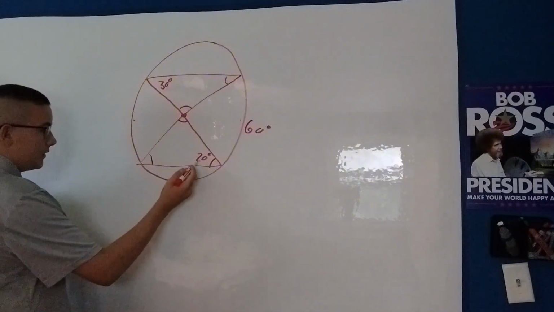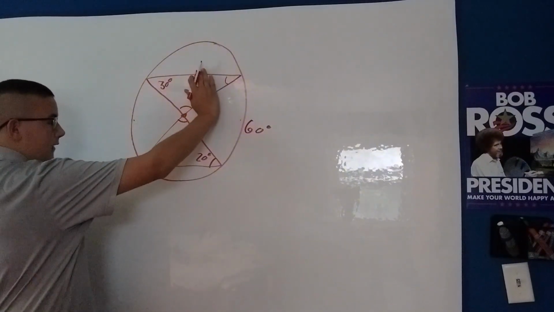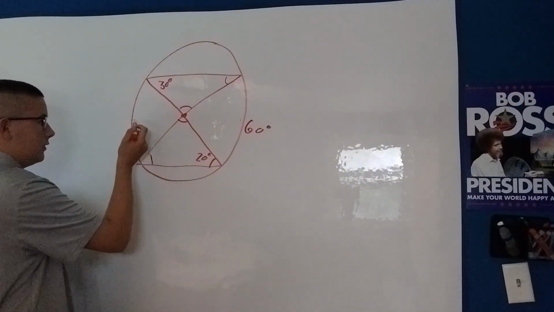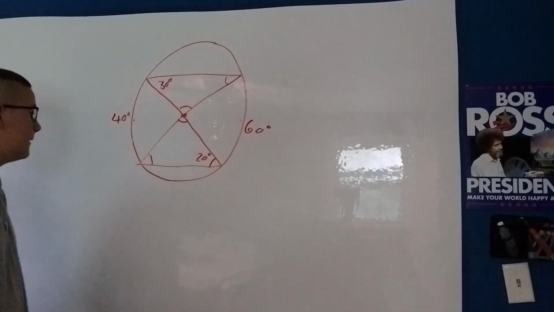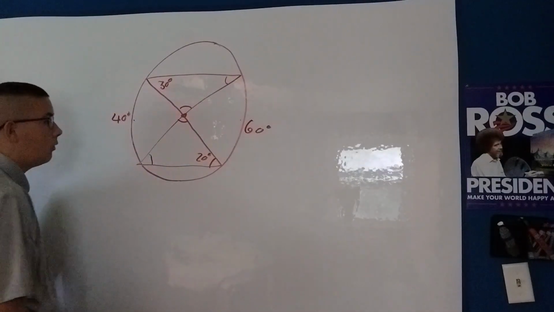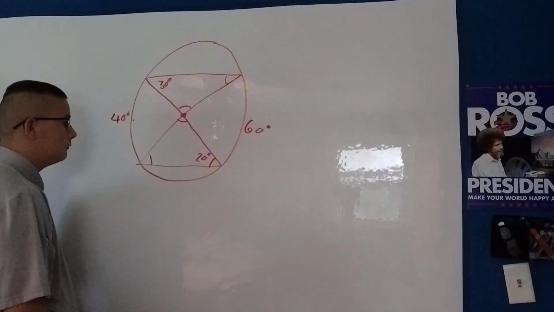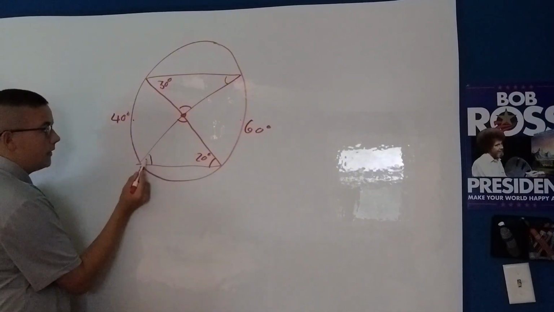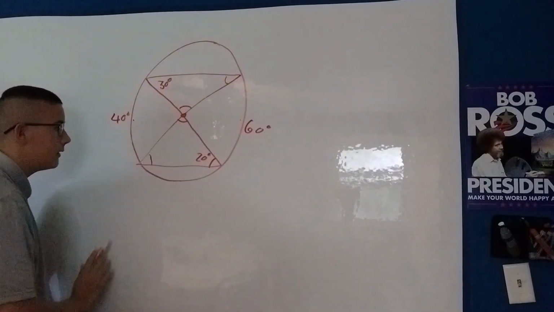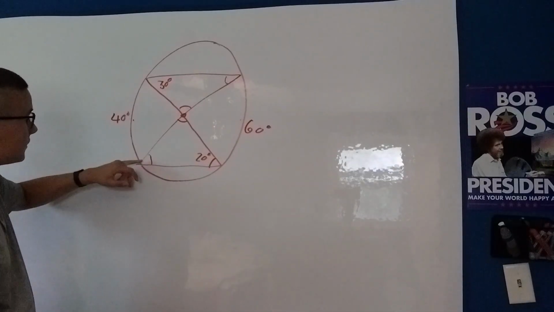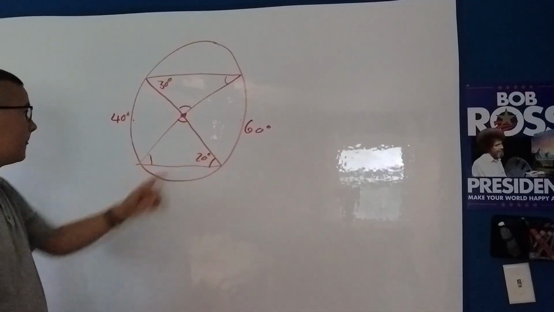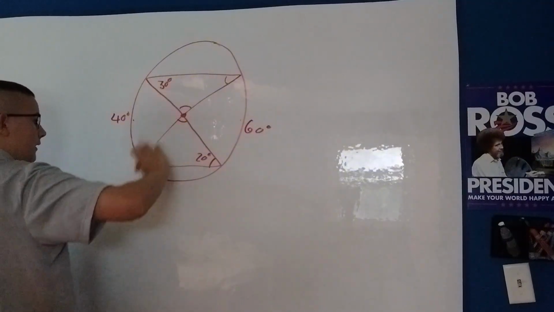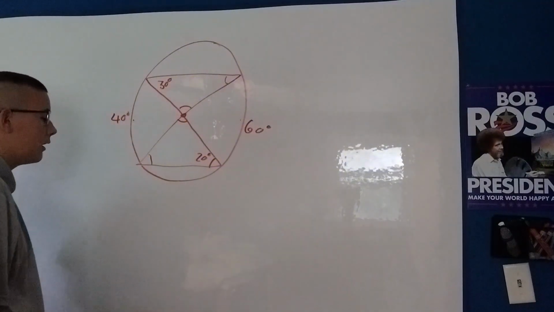And then this one down here, same thing. If you ignore this and this, you get this up here is twice this, or 40, like that. And now we can figure out this angle and this angle, right? So this is another inscribed angle that touches the 60. And same thing here, another inscribed angle for the 40.